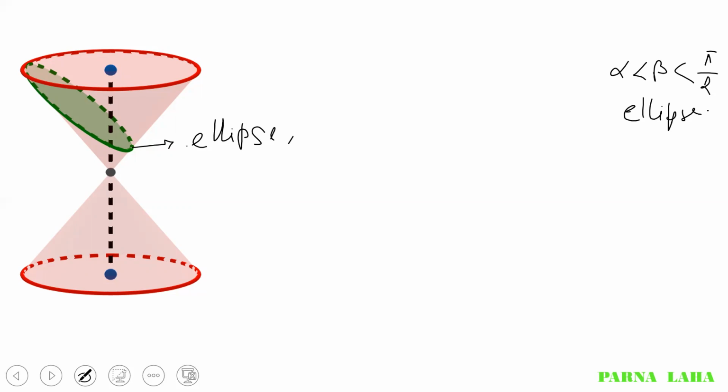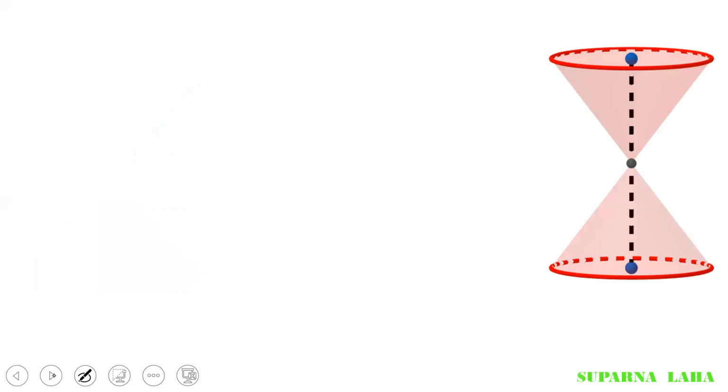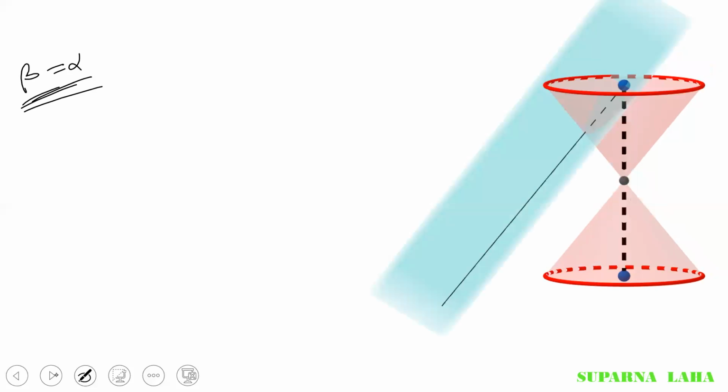The next conic section: if we take the same double napped right circular cone and take beta equal to alpha, that is, the angle between the axis and the generator is equal to the angle between the plane and the axis, it will look like that.